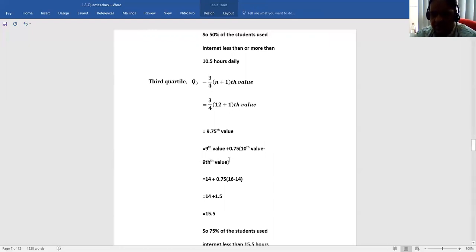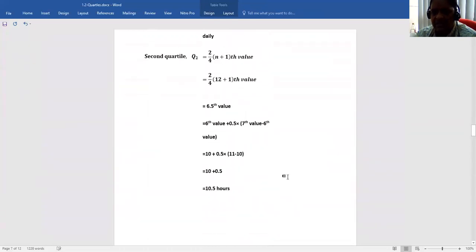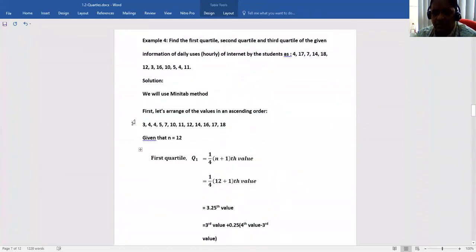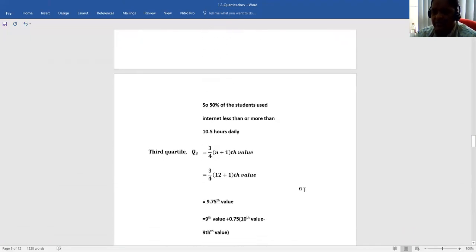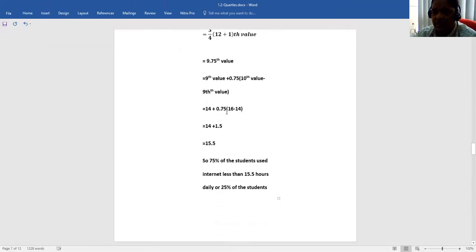So what is our ninth value? Let us see the ninth value here: 1, 2, 3, 4, 5, 6, 7, 8, 9. The ninth is 14 and the 10th is 16. So we have the 10th, 16, minus the 9th value.